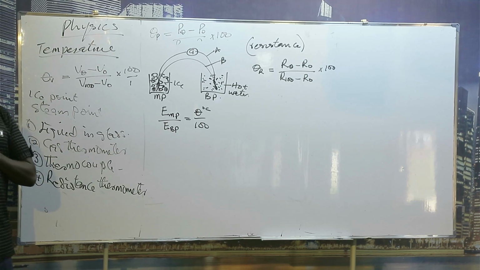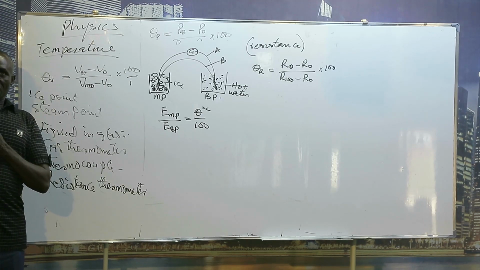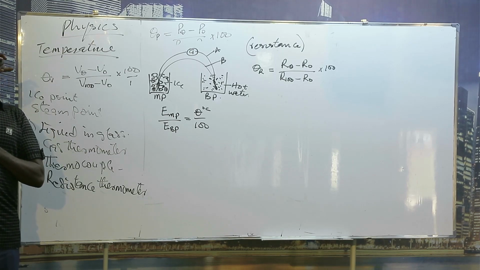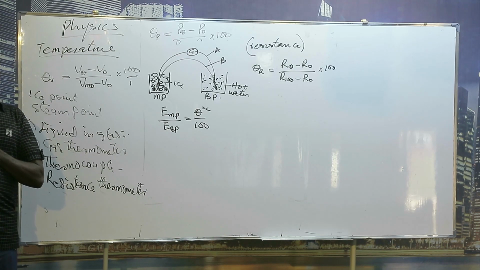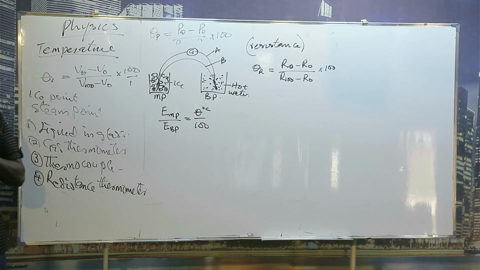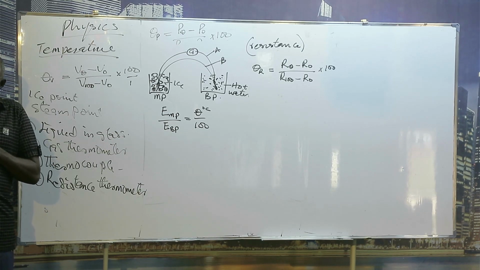Where do we see this kind of thermometer? Electric kettle and all that. When you are heating, the temperature will be rising. Once it is 100 degrees C, what will happen? It will switch off. Because of that sensitivity, what is it called?